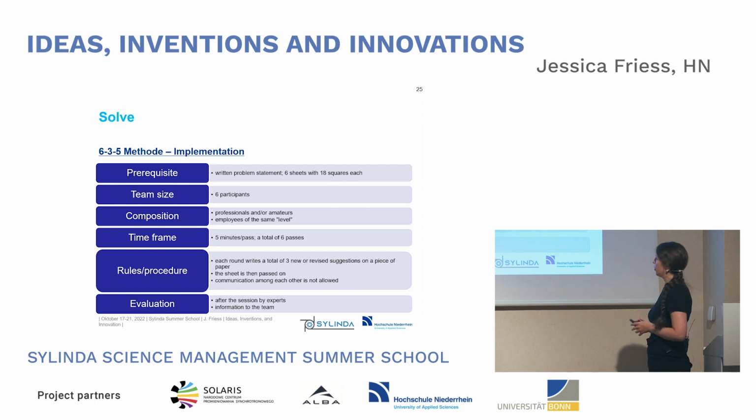They can be professionals or employees of the same level. 5 minutes is each round. So everybody sits together and has a sheet in front of them, and has 5 minutes to put his idea to the paper.